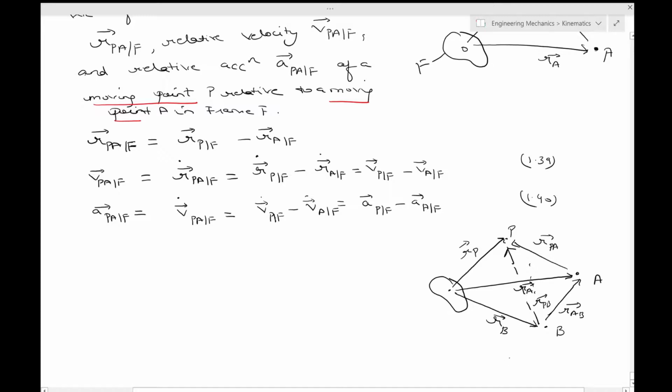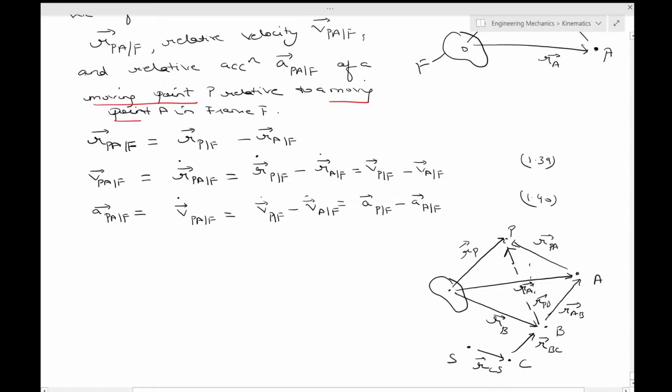You may have another point C, you may have another point S. So we want to use the chain rule and find the relative positions and velocities and accelerations.